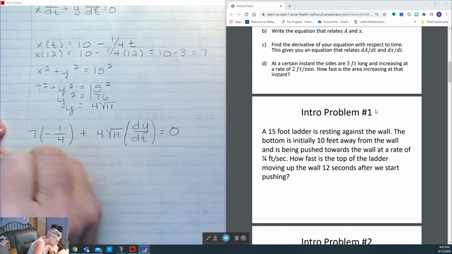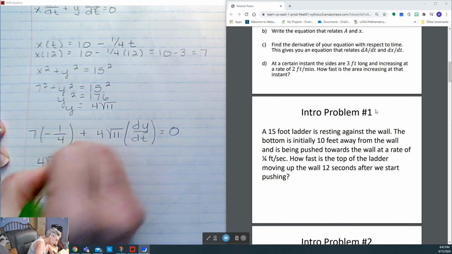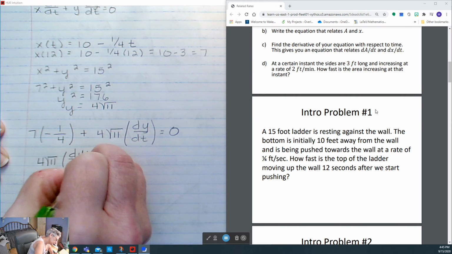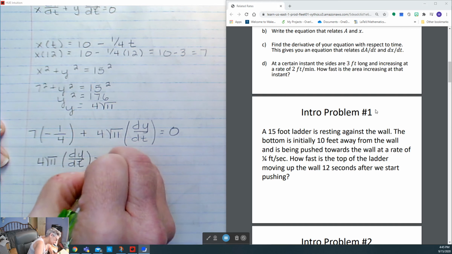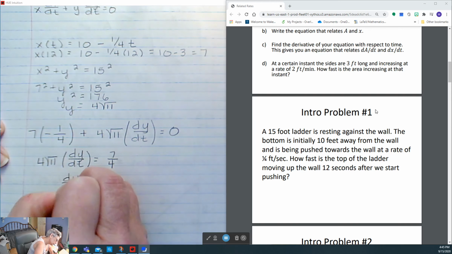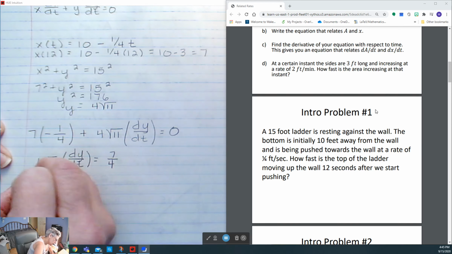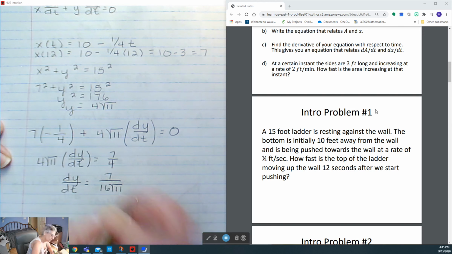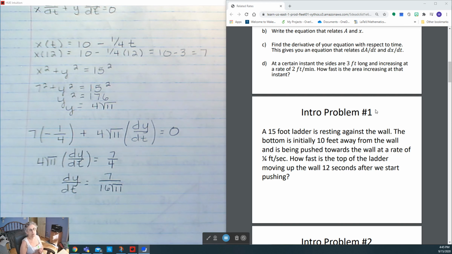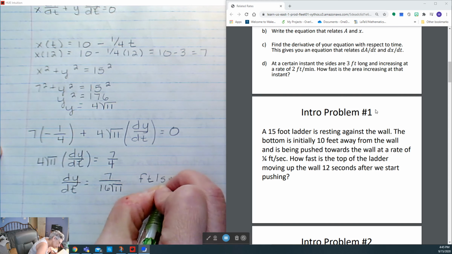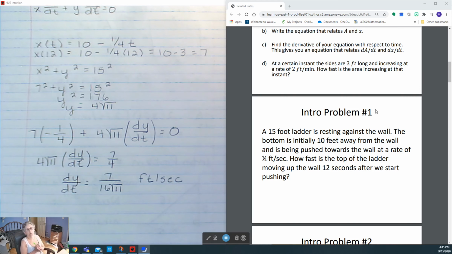Now it becomes a job for algebra. Divide both sides, I get 7 over 16 times the square root of 11, and this is going to be feet per second.